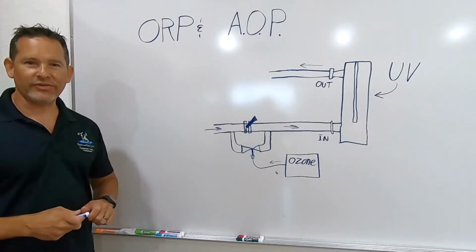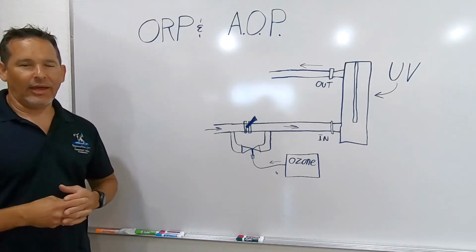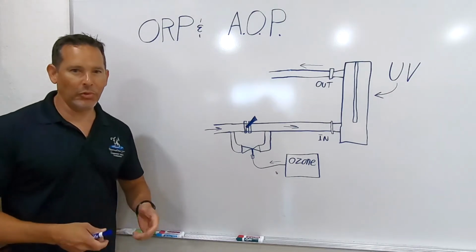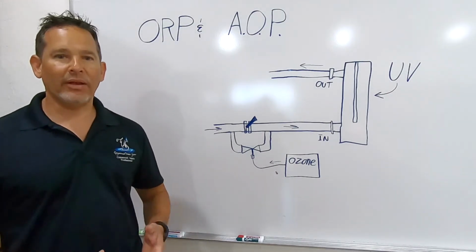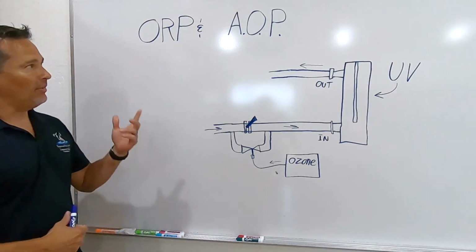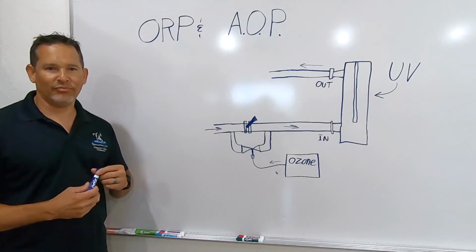All right, next we're going to talk a little bit about ORP and AOP. So what is this AOP? This is a term you might have heard recently over the last several years, but AOP stands for Advanced Oxidation Process.